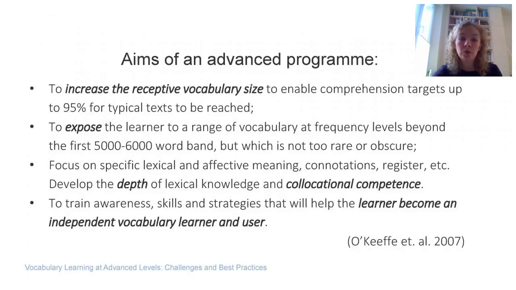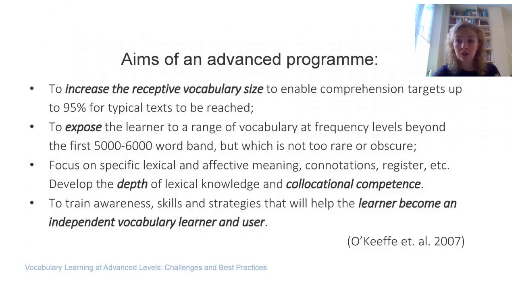Right, then expose the learner to a range of vocabulary at frequency level beyond the first 5 to 6,000. And here is attention to course books, because the course books at intermediate, upper intermediate level, and sometimes at advanced level, they expose a lot of this high frequency vocabulary. And this is done because, well, naturally we have to acquire frequent vocabulary first and then more advanced.